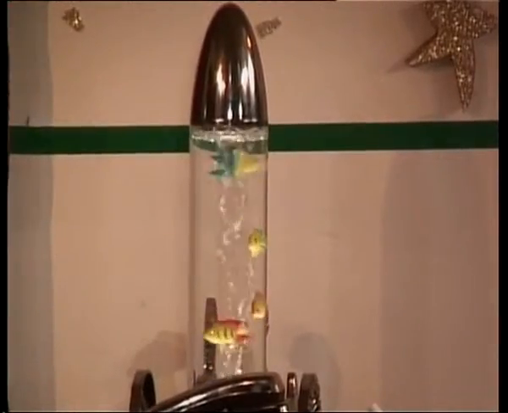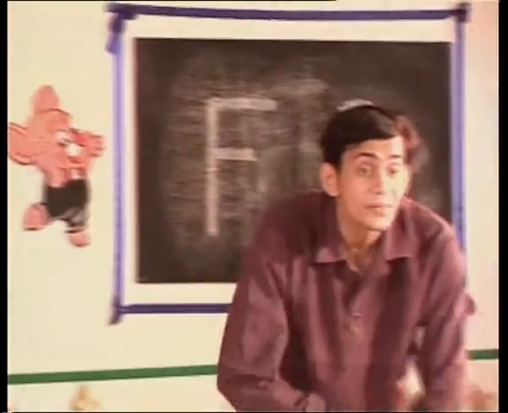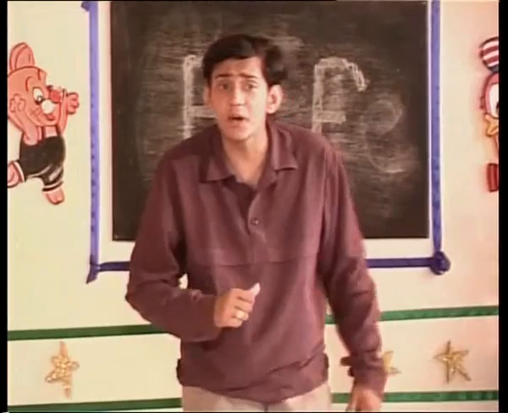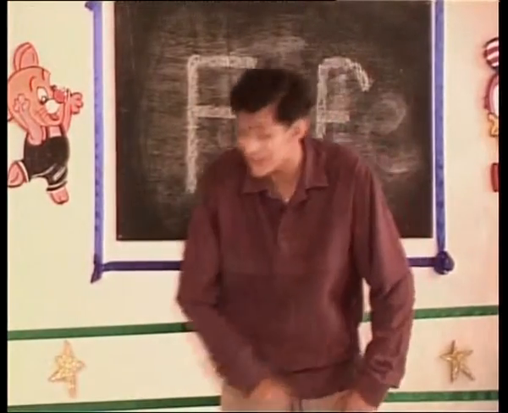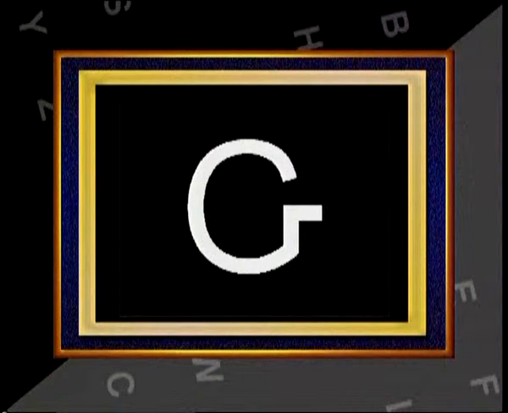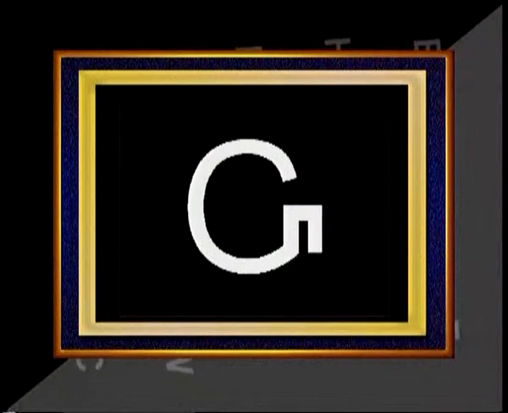Now, children, what comes after F? G! G. Now, I'm going to write G for you kids on the blackboard. One big half circle, one small standing line, one small sleeping line, and one more standing line.